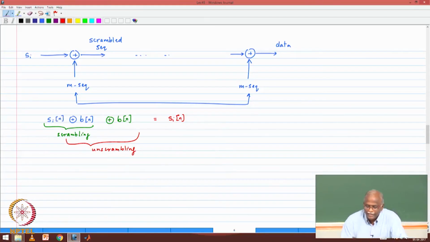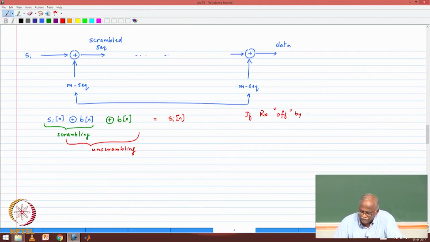Now an interesting question: what happens if your estimation of the synchronization is slightly off and the receiver is off by one chip, meaning its synchronization has slipped by one chip?